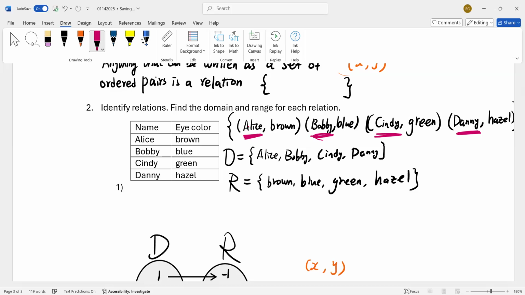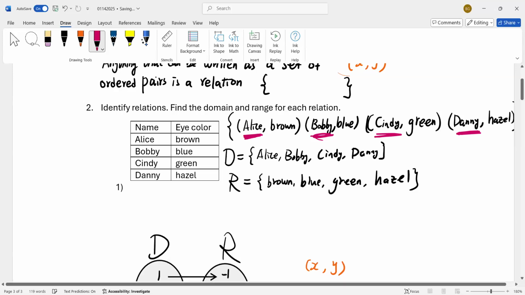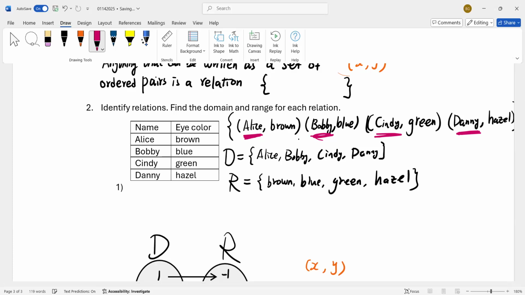In other words, no same person has two different eye colors. Do you see every person only has one eye color? Nobody has two different eye colors, right? Yes or no? Yes. Okay.